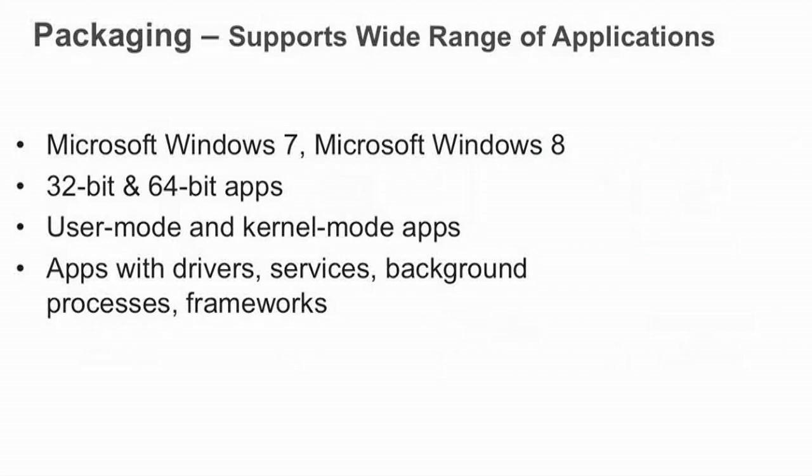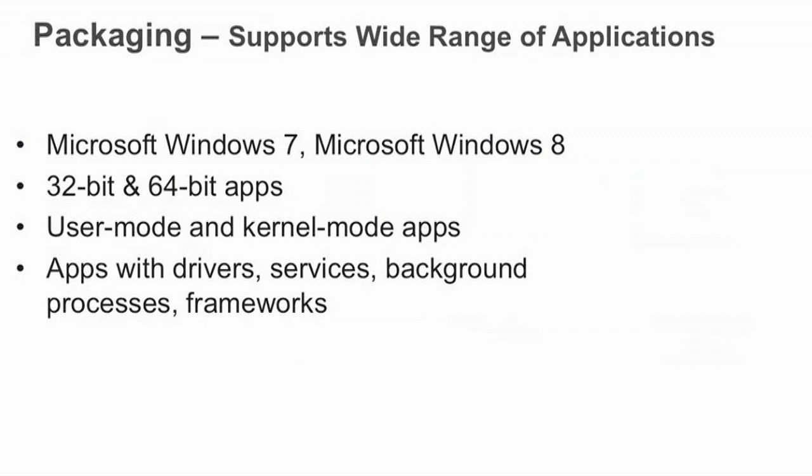Some more details on the packaging steps. The packaging allows for apps that are built for both Windows 8 and Windows 7. It also provides support for both 32-bit and 64-bit apps.